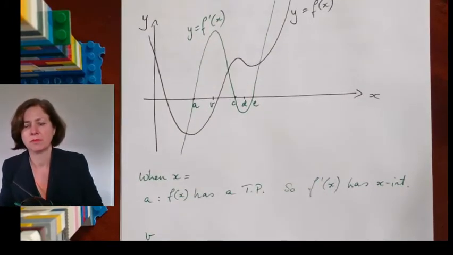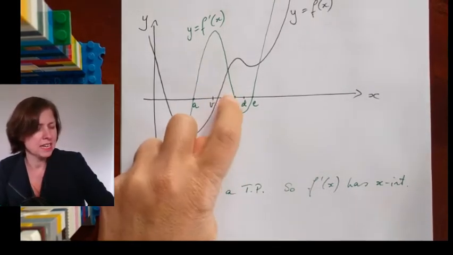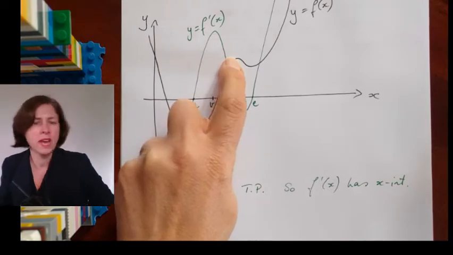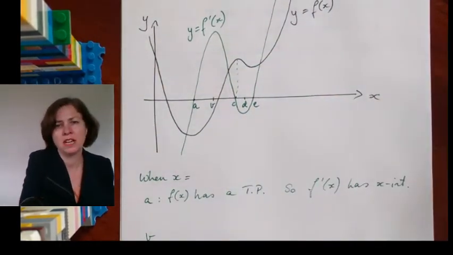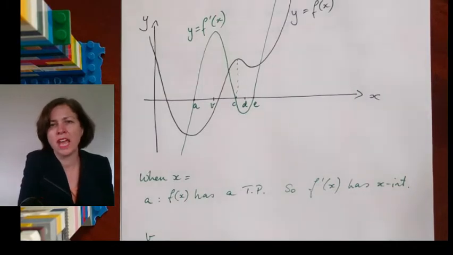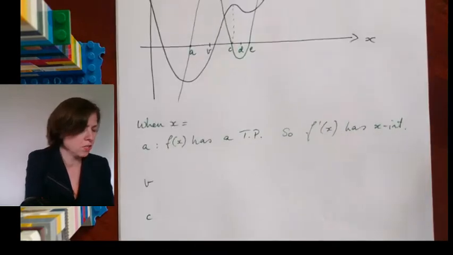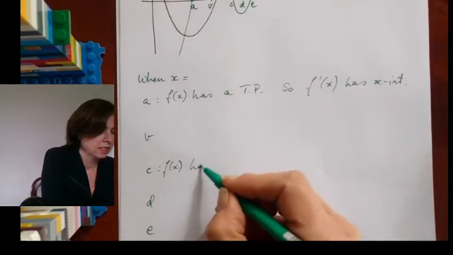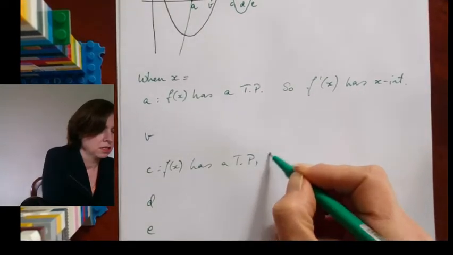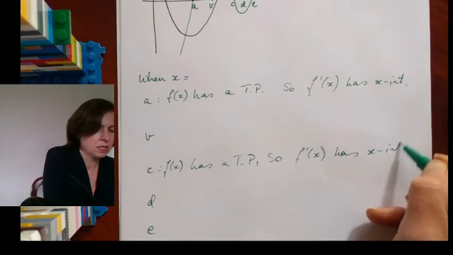Okay. So if I look at some other points where that happens, it happens again at C. At the point where x equals C, which corresponds to this point on my graph here, I've got a turning point on f of x, which means I've got an x-intercept on f dash. So f of x has a turning point, so f dash of x has an x-intercept.